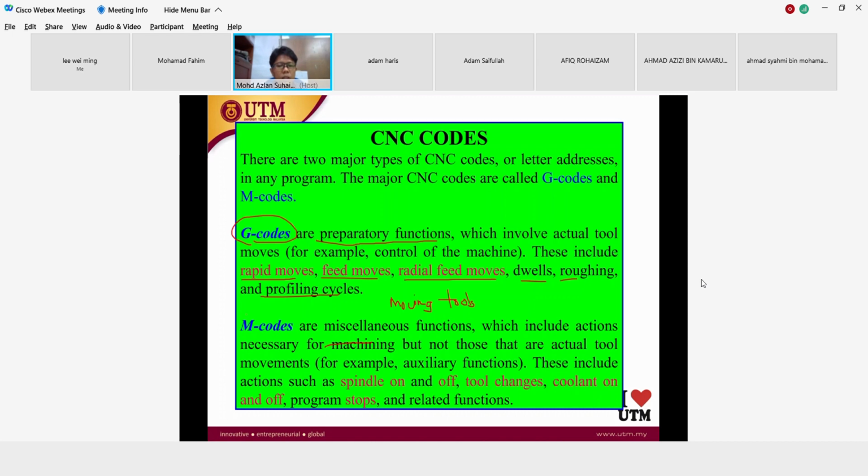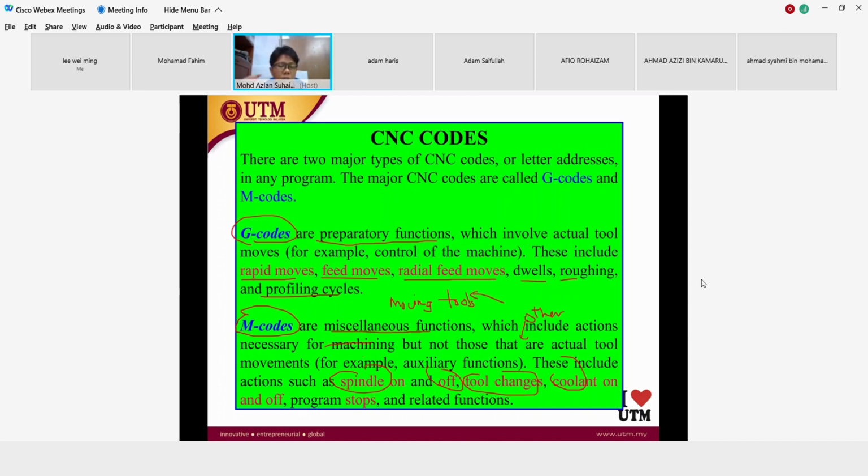Whereas the M codes are miscellaneous functions. For example, spindle on, spindle off, tool change, coolant on, coolant off, program stop. So in short, any function other than moving the tools uses M codes. For example, coolant is used for cooling the process, because in machining the process produces high heat, so we don't want the tool to warm up so fast.